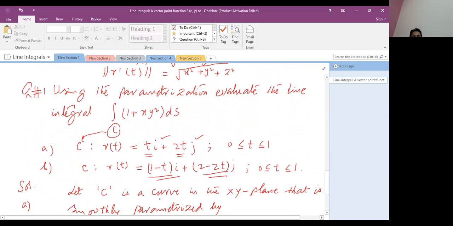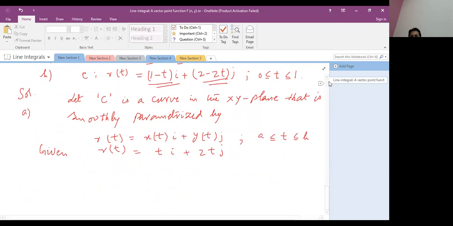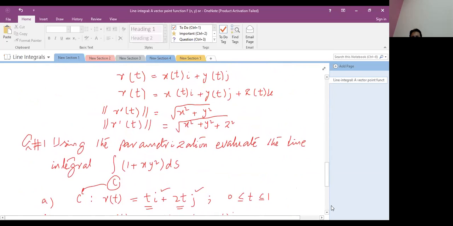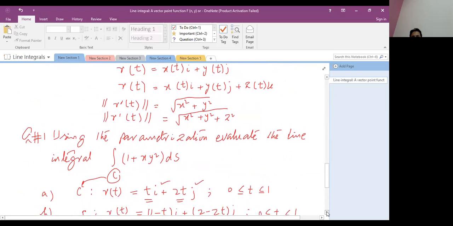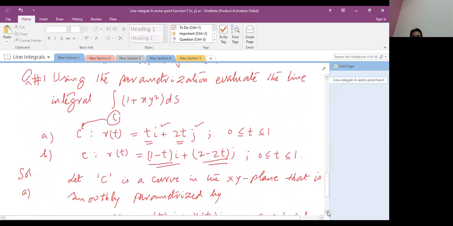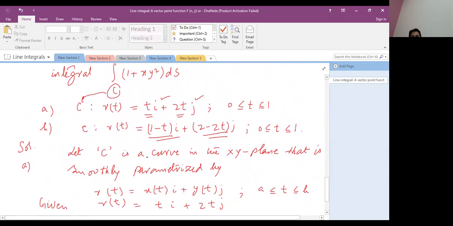Start from the solution, student. We will define first: let C be a curve in the xy plane that is smoothly parameterized, because the function represents the xy plane, since the position vector has i and j.